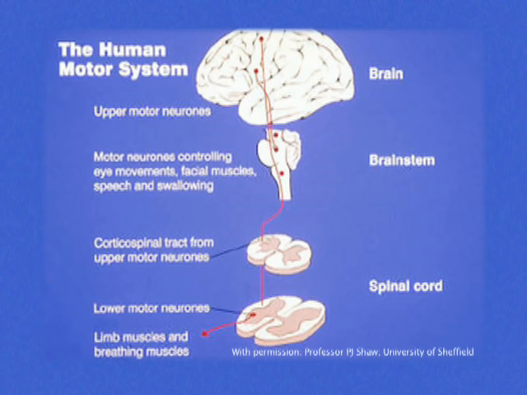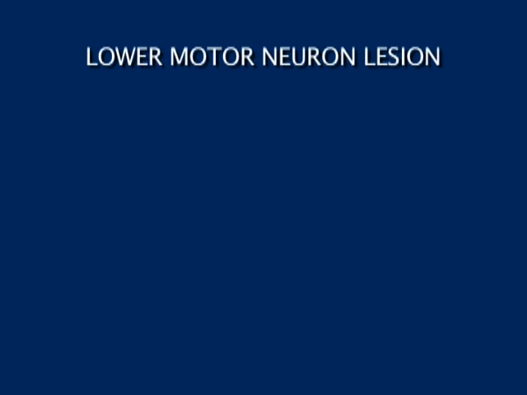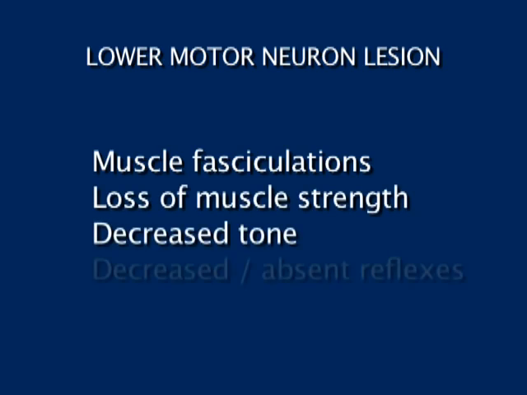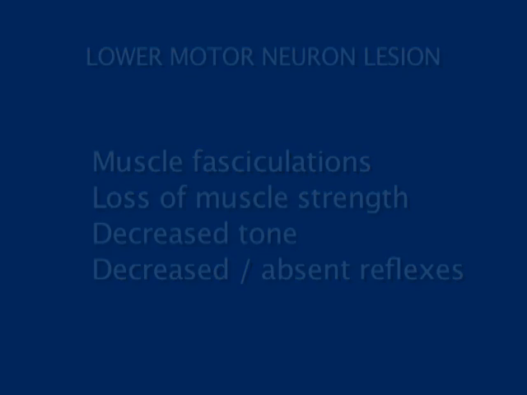Spinal cord lesions will also present with lower motor neuron findings at the level of injury due to damage to the ventral root or ventral nerve at that level. Lower motor neuron lesions result in muscle fasciculations and atrophy, loss of strength, decreased tone, and absent deep tendon reflexes.